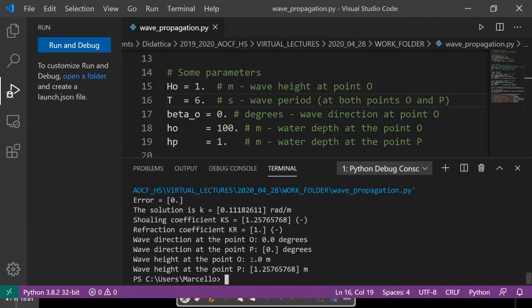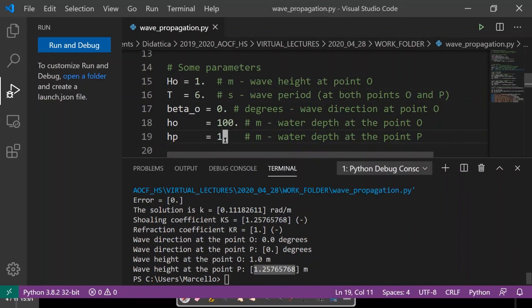So offshore we have 1 meter of wave height. At the point P we have 1.25 meters. Here the water depth is equal to 1. Then it is very likely that this wave is breaking. And that's all.